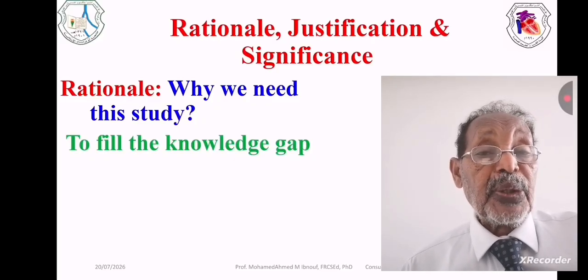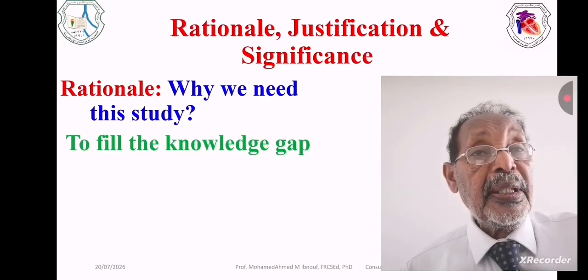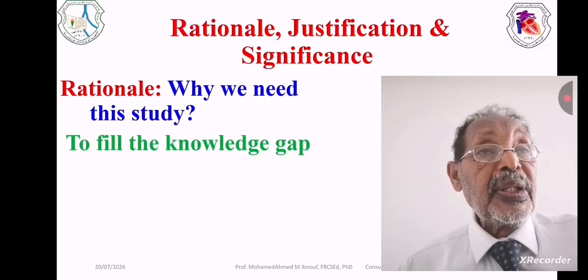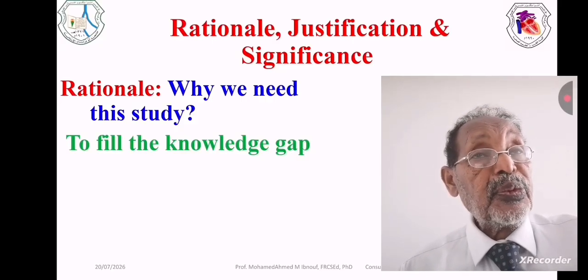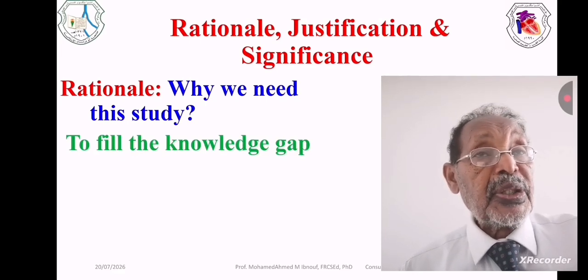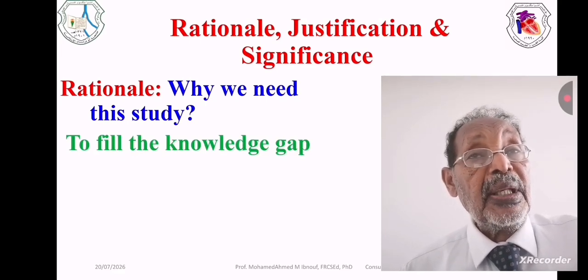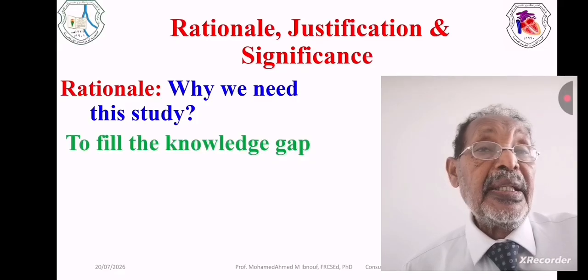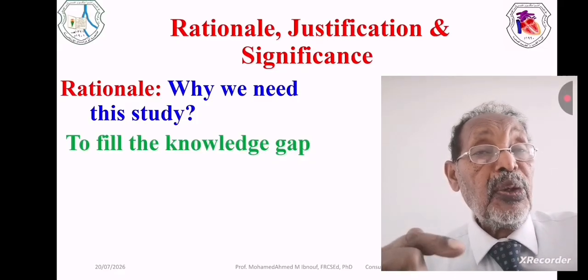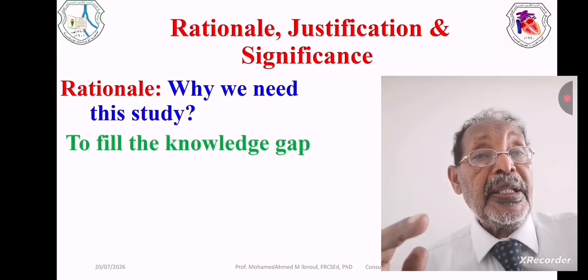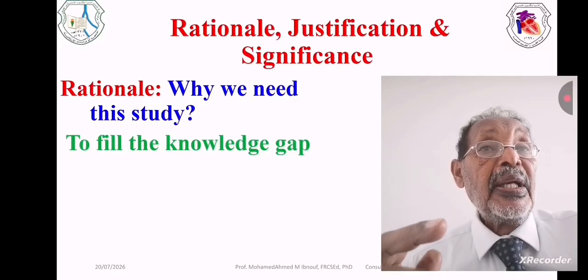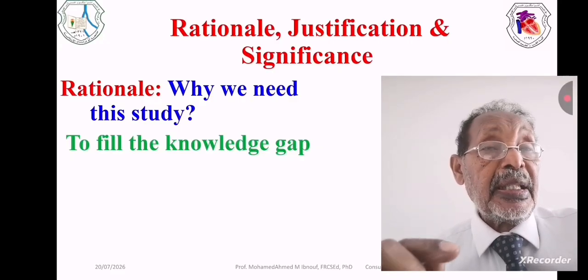When we speak about rationale, we mean why we are doing this study. We are doing it to solve the knowledge gap, the knowledge problem. And we said the knowledge gap is the area which we are in need of, the area which is ambiguous, the area which is challenging in practice.